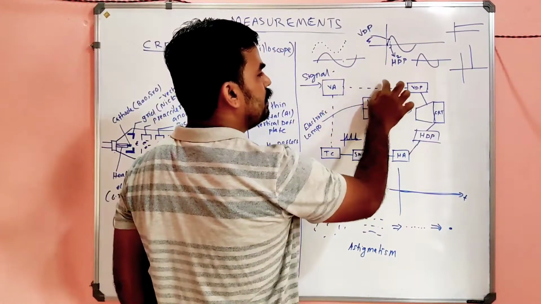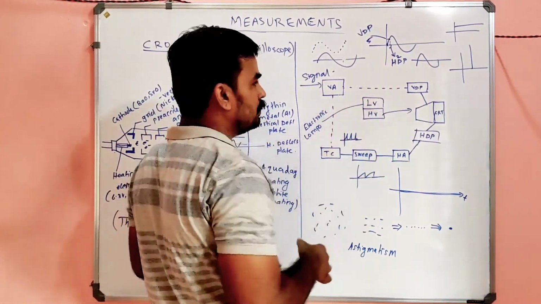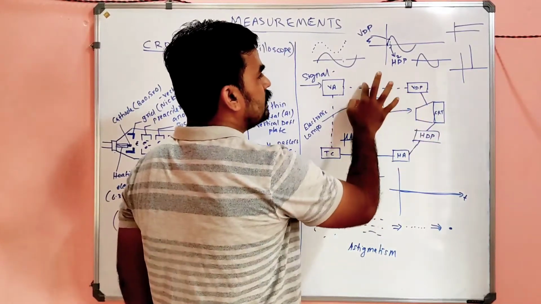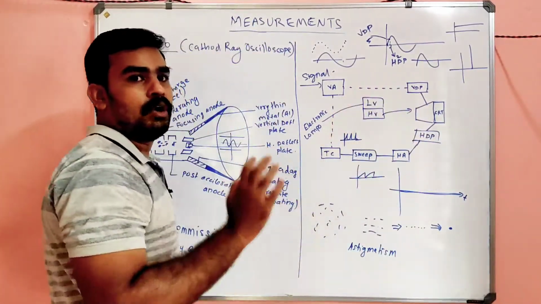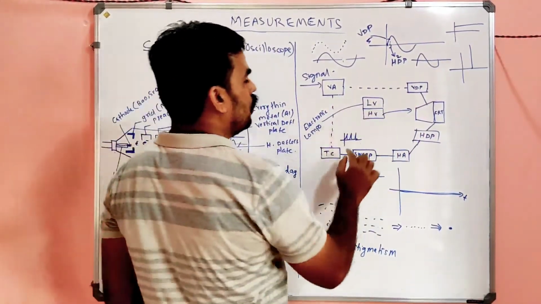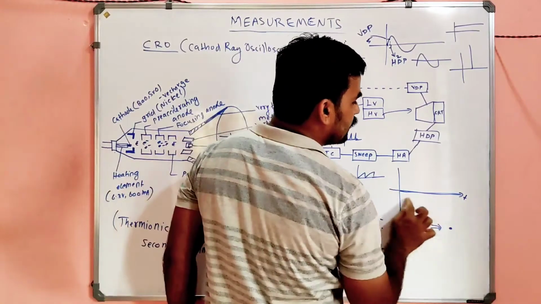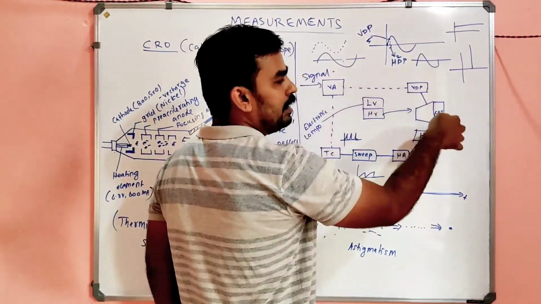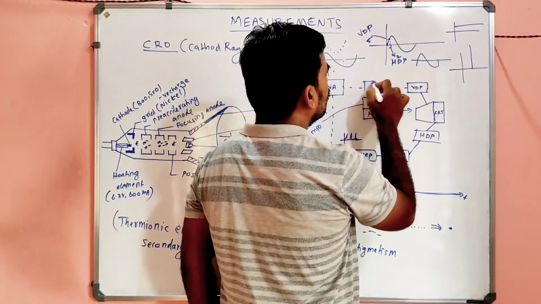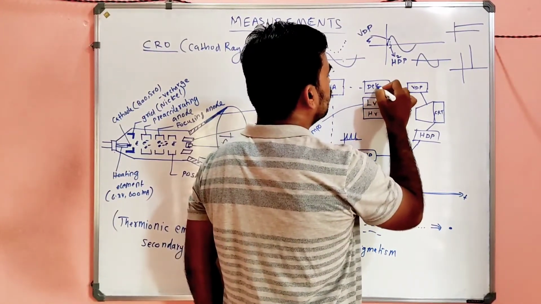And definitely there will be one more thing, a delay circuit inside. It is not actually seen here. That delay circuit always delays the signal to some extent, and only after the time base is generated here will the signal be applied to the vertical deflection plate. So you can mark it here as a delay line.